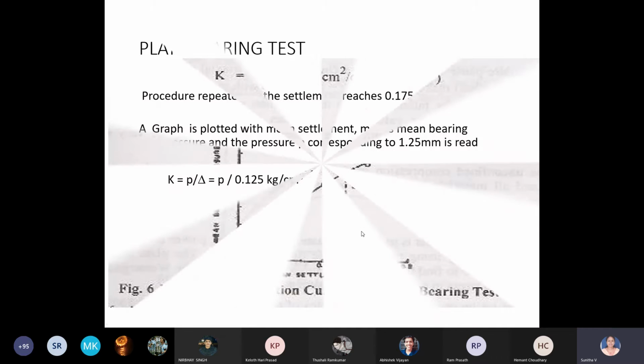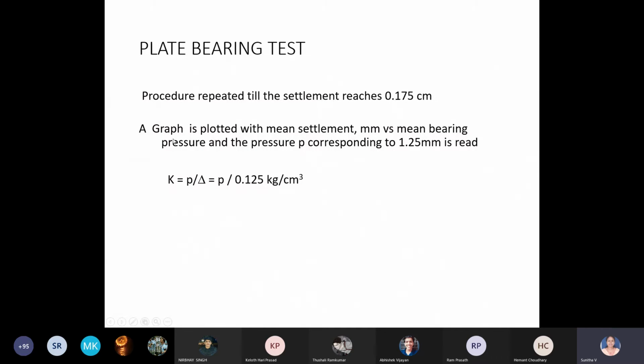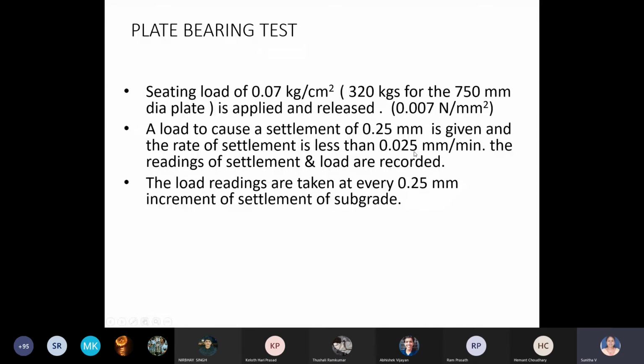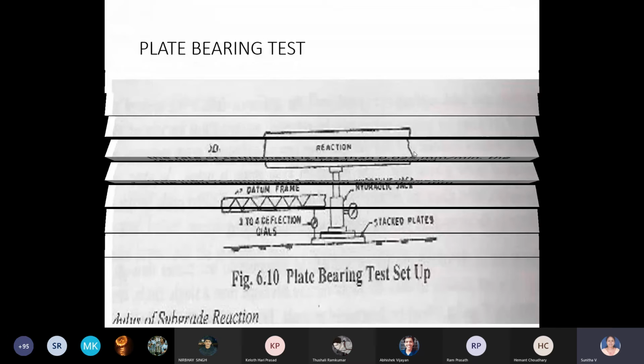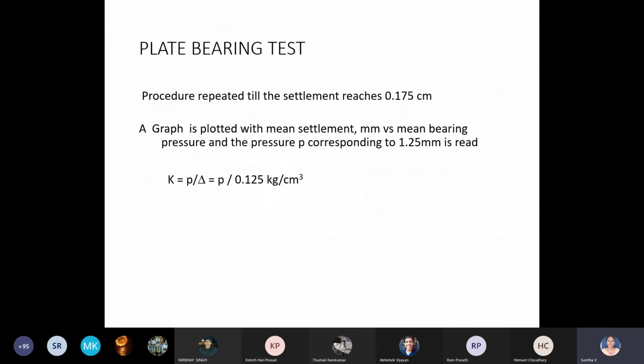What you're measuring is a graph plotted with mean settlement versus mean bearing pressure, and the pressure P corresponding to 1.25 mm is taken as the K value. So the unit is pressure by displacement, that is kilogram per centimeter square per centimeter.